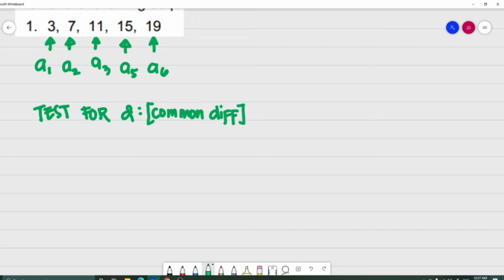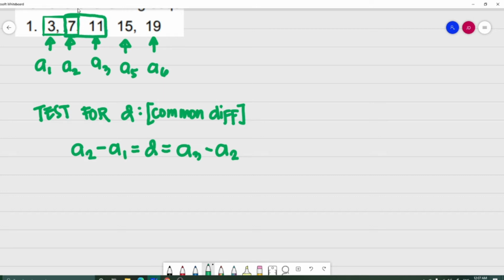Dapat si A sub 2 minus A sub 1 is equal to A sub 3 minus A sub 2. Actually, ang atong giparis karon is kani silang duha and kani. Pero, ang pwede gyapon nato nga ang atong iparis is si kaning duha and kaning duha. So, bisag asa, basta kay nagsunod ang duha ka number.